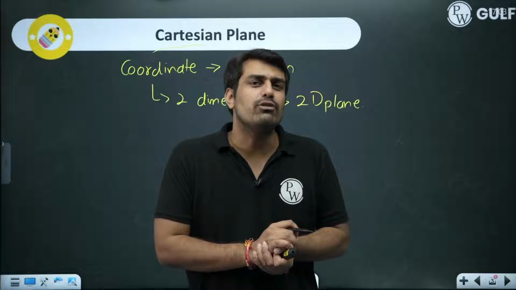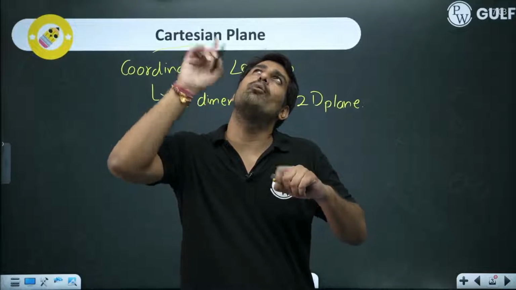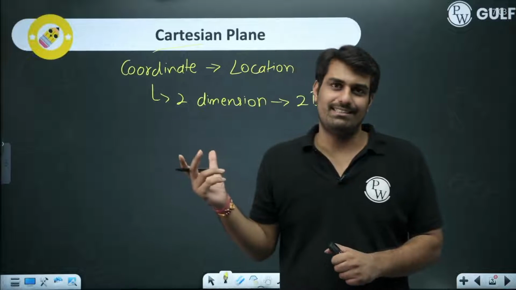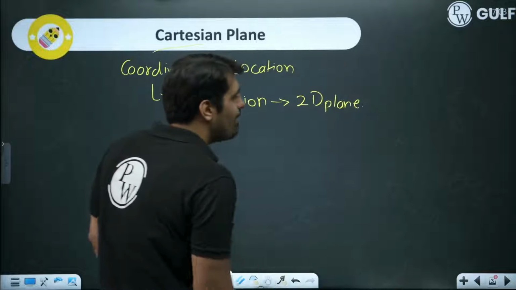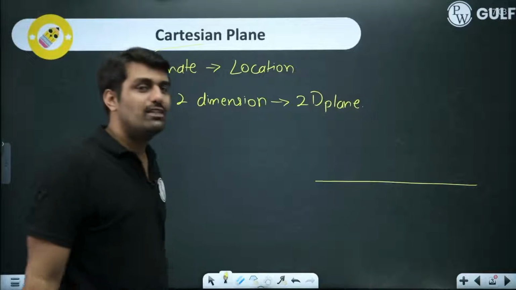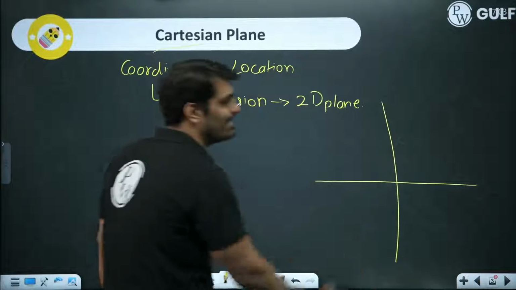While he was lying on the bed, he was looking up towards the wall and thinking, how would I pinpoint a particular location? And he came up with the Cartesian system. He defined that, let's say, I have two different axes. One is a horizontal axis like this, and another is a vertical axis like this.